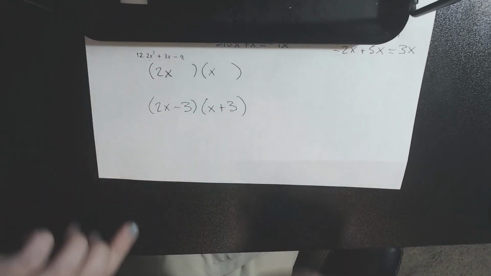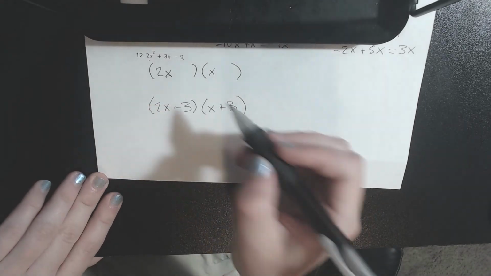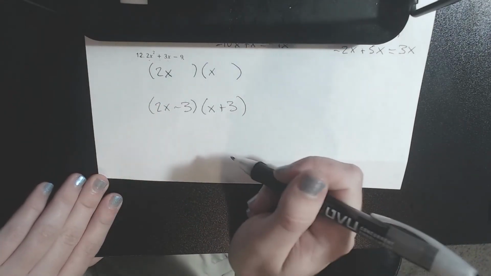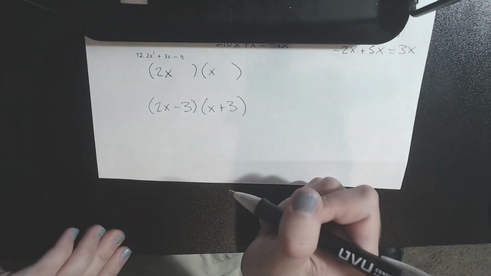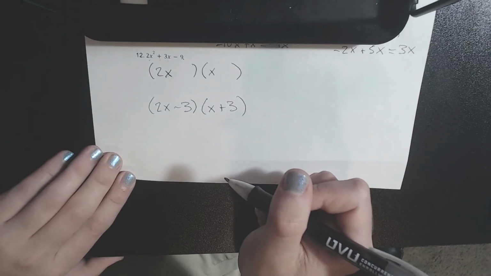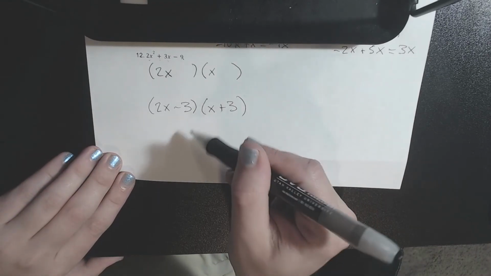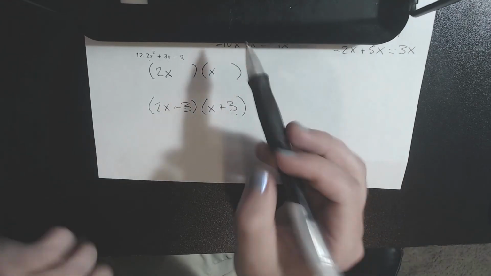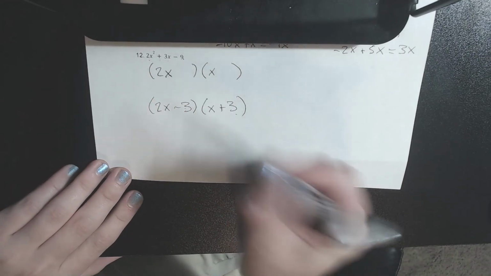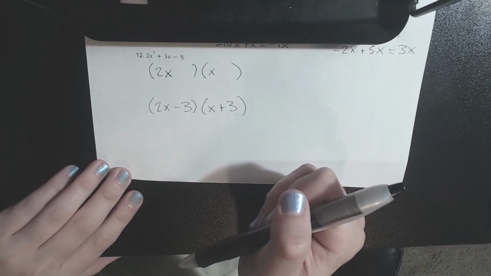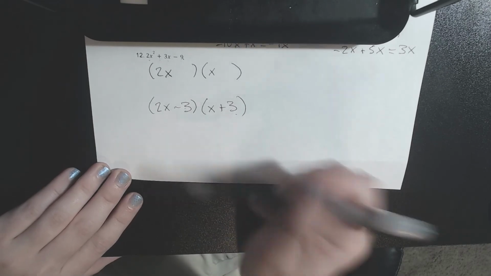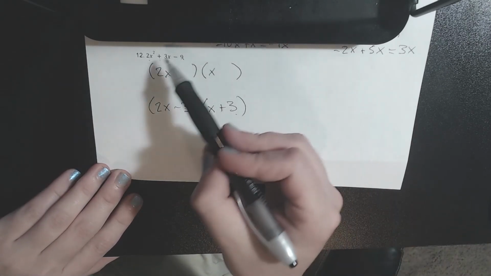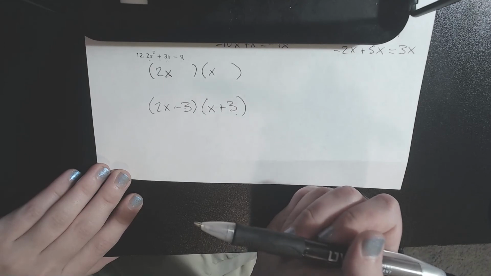So that's a guess. You can distribute it all out, but really all you care about is the x part, because if you've made a smart guess, you should get the 2x squared and the minus 9 just by the guess that you make, right? It's really that middle part that's the difficult part, okay?